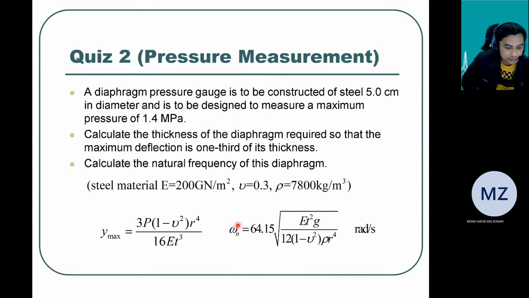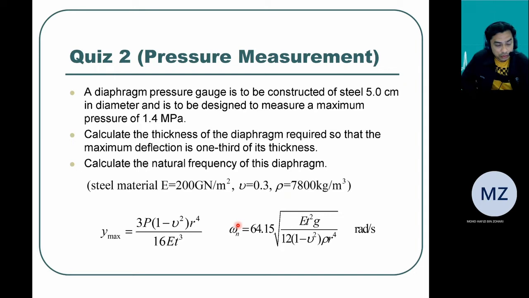let's say we have a steel diaphragm of 5 centimeters diameter, a metallic diaphragm with steel as the membrane type, which has E of 200 gigapascal, or Newton per meter square.